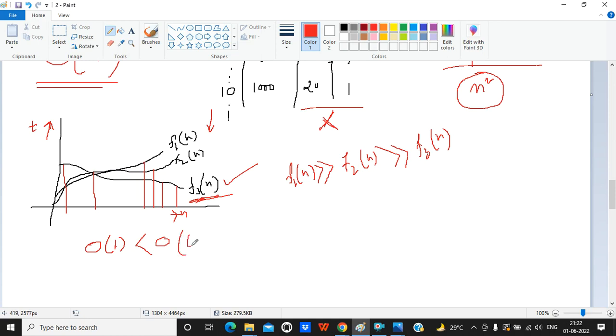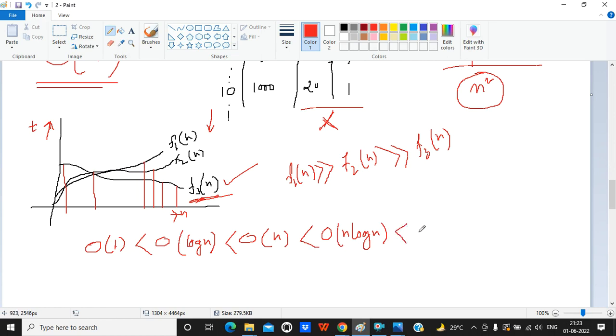After that, big O of log n is the next best time. Next, you will have big O of n, linear time. Next, you will have big O of n log n. How this log n appears, I will discuss in the next consecutive classes.